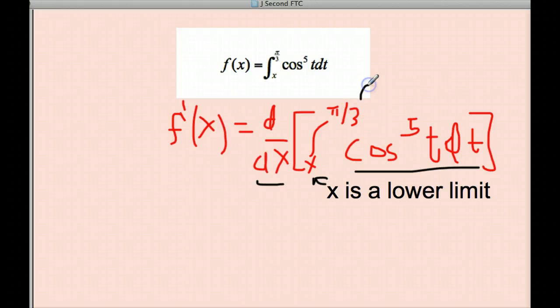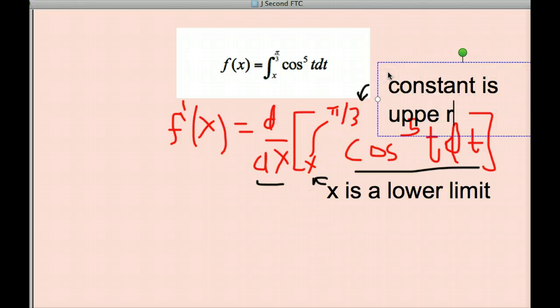So let's think about how we can get this to match by using our properties. Constant is the upper limit.